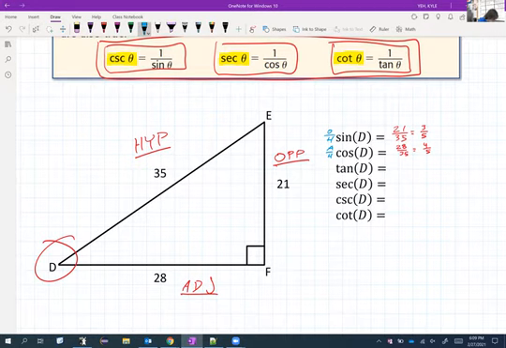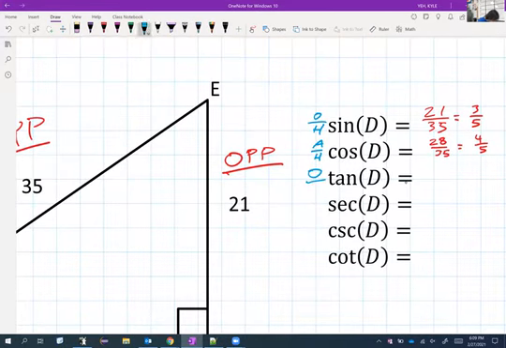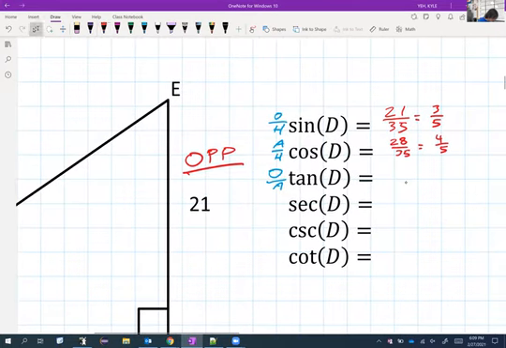Let's do tangent, so TOA, opposite over adjacent. The opposite side was 21, the adjacent side was 28. Divide them both by 7 to simplify the fraction, 3/4. Tangent equals 3/4.